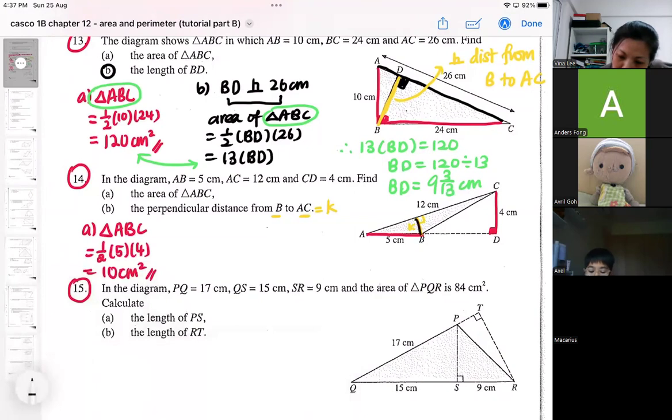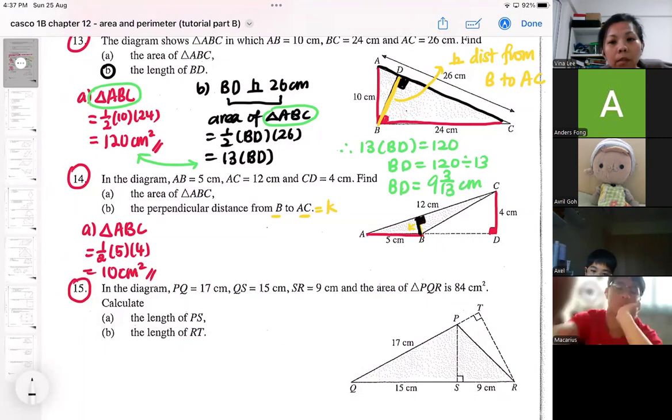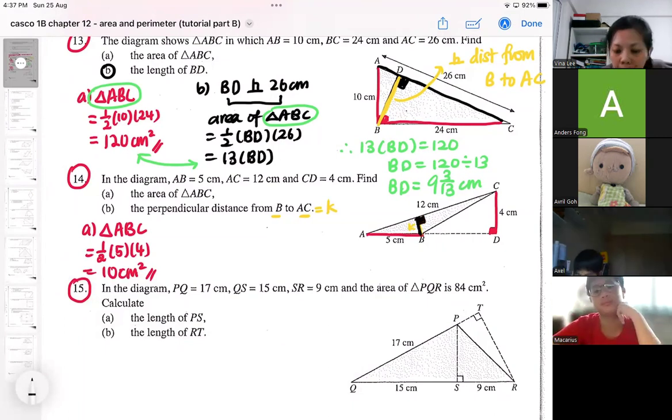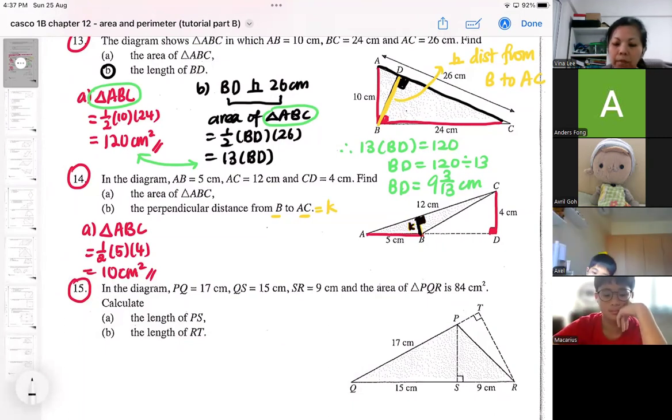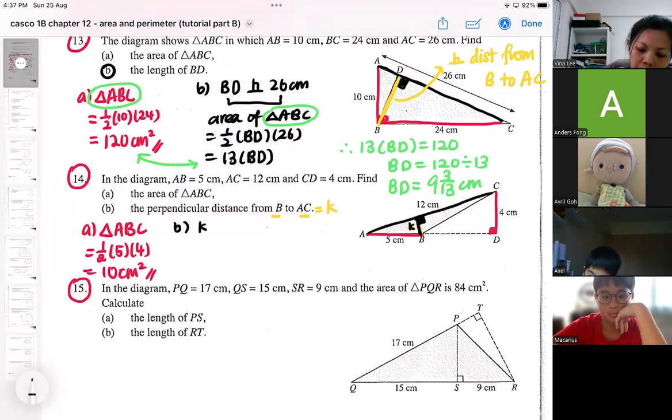So this is the perpendicular that they are looking for, and K is perpendicular to 12.